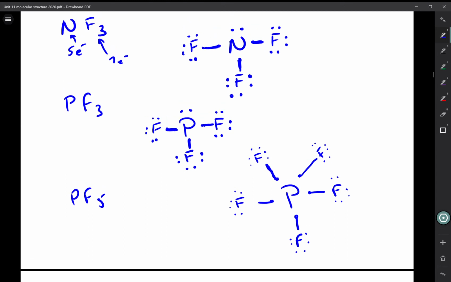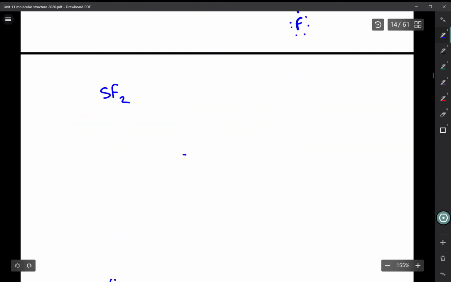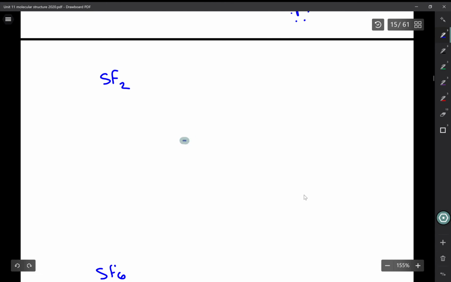All right, so SF2. Well, if we look at that, sulfur has 6 valence electrons. Here's fluorine, 1, 2, 3, 4, 5, 6, 7. There's your other one.